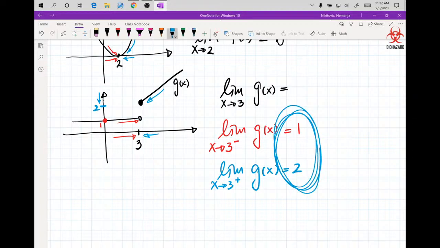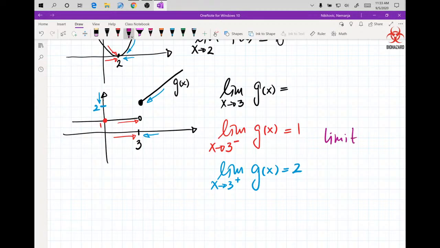They don't give you the same location. One is going to 1, the other one is going to 2, and when they don't have the same value, we say limit does not exist. Very good. Limit does not exist. We can just say DNE.